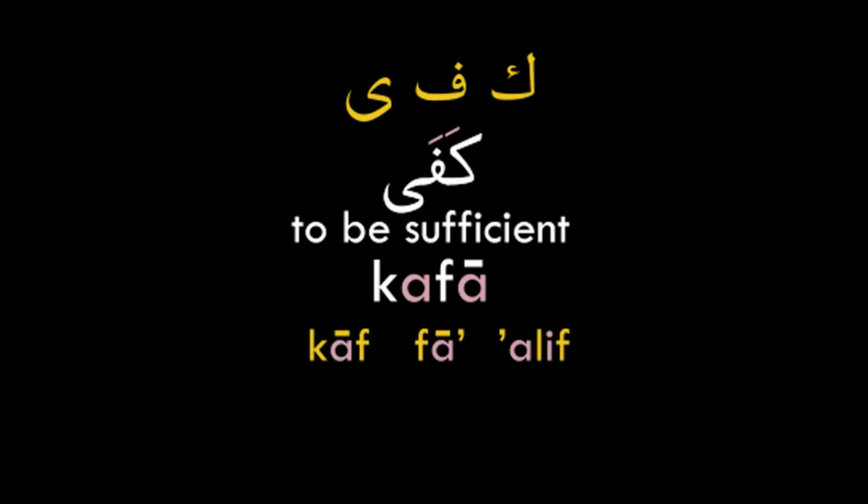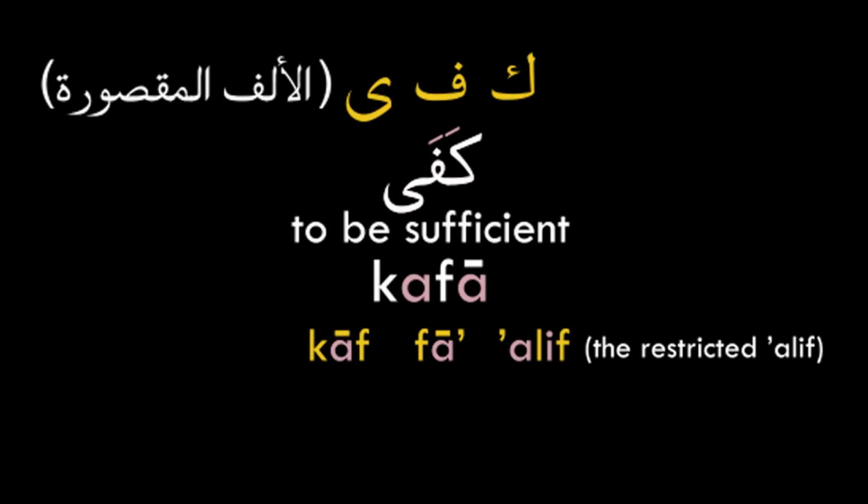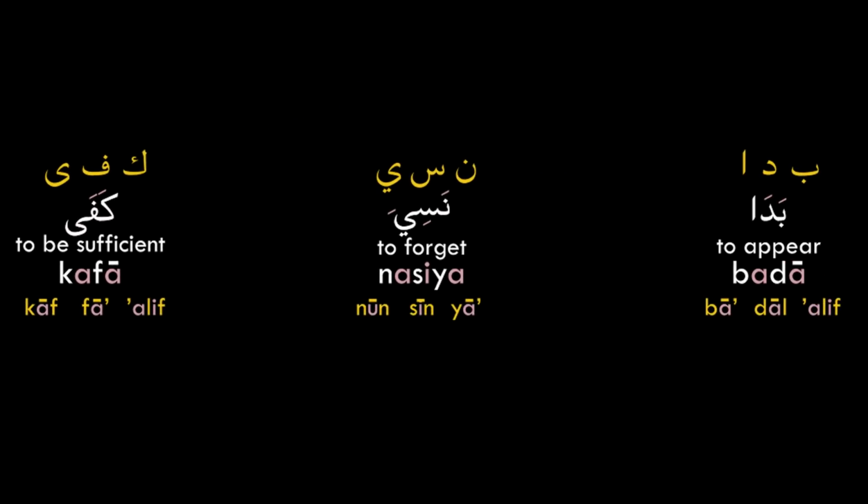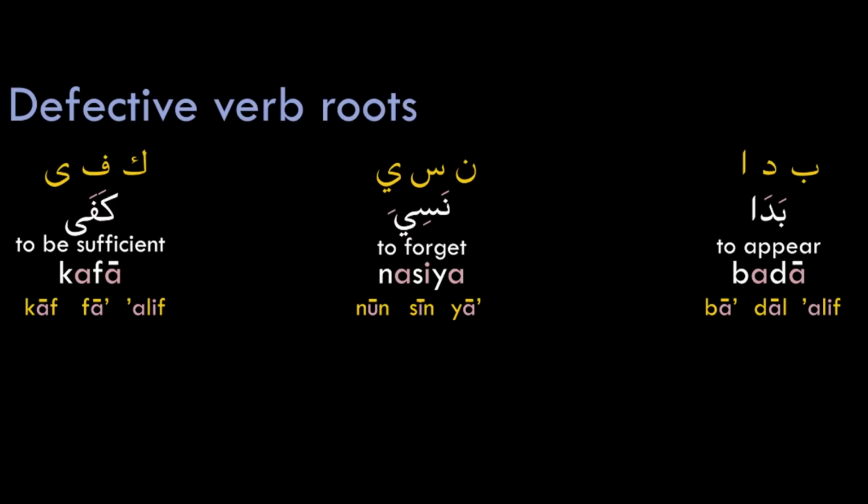This alif is called the restricted alif, or al-aliful maqsura. It has to come in the end. In the future, insha'Allah ta'ala, I'll explain why we use it instead of the normal alif. Anyway, we call this type of verbs defective verb roots, or al-fi'lu naqas.